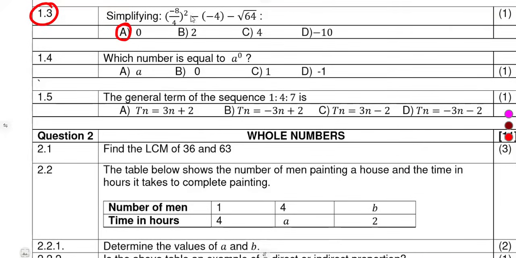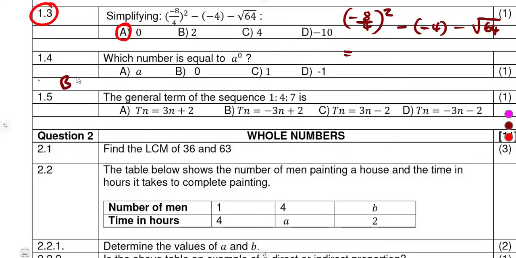Or we can simplify this. Minus 8 over 4, squared. Minus 4, this is what we are given. Then we've got minus the square root of 64. Take note here. We can simplify what is inside of the bracket.